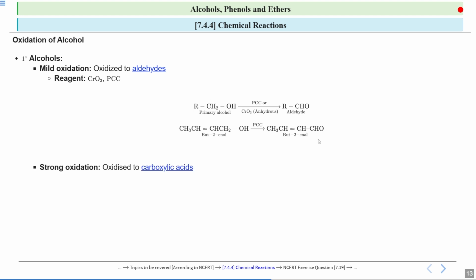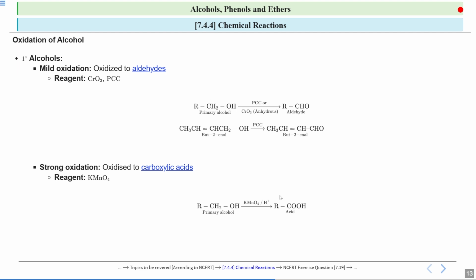Now what will a strong oxidizing agent do? Can you think? A strong oxidizing agent will directly oxidize your primary alcohols to carboxylic acid. The strong oxidizing agent is KMnO4. So if we are using a strong oxidizing agent like KMnO4 in the presence of H+, you will see that this primary alcohol is directly oxidizing to an acid, that is, carboxylic acid.